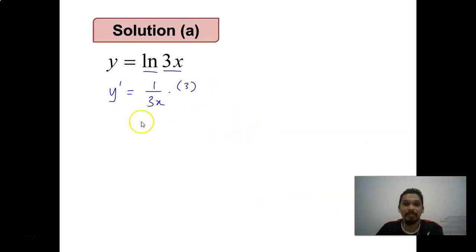So here, they give you 3 divided by 3, it is 1 over x.